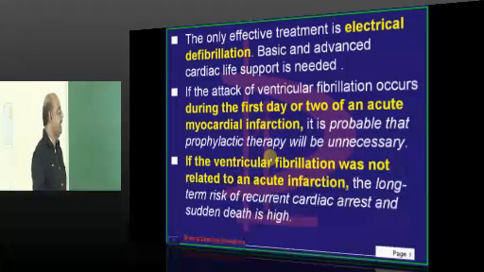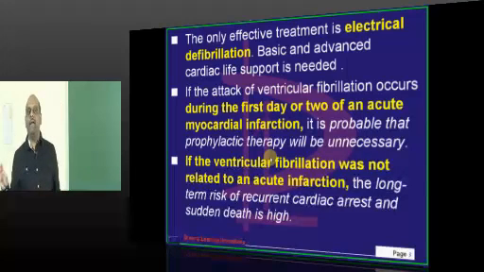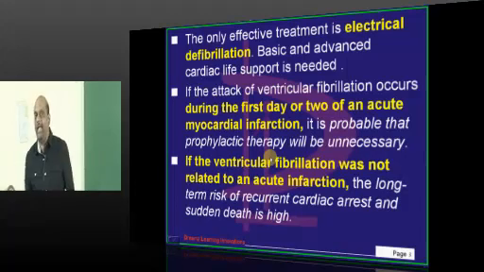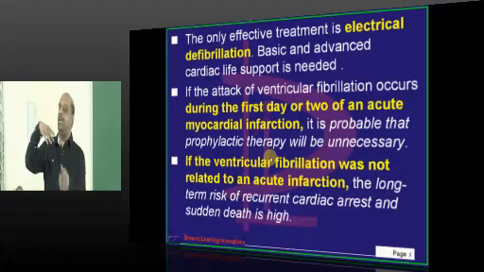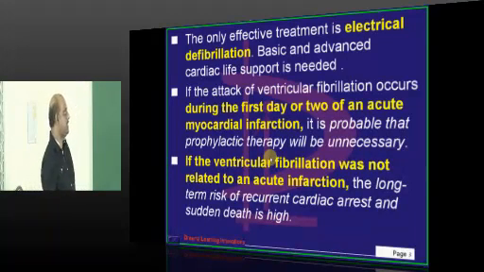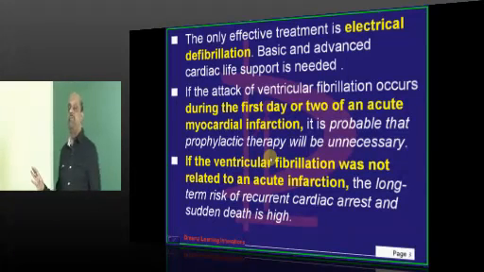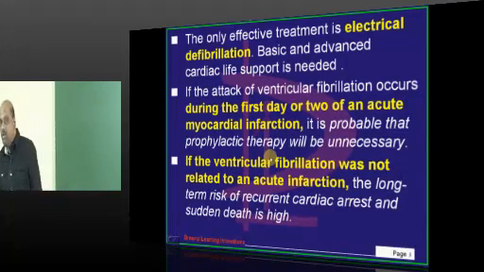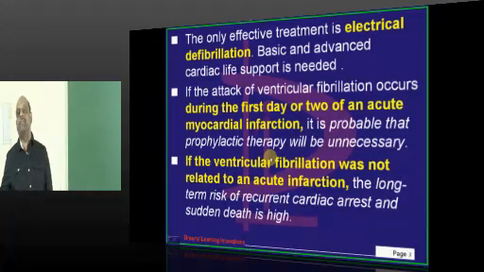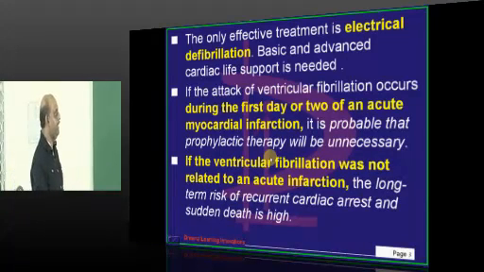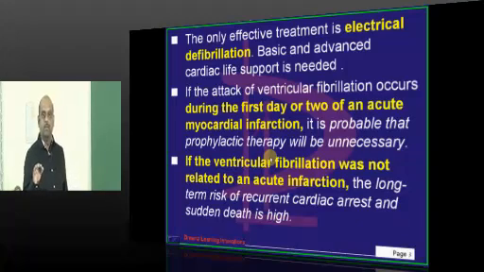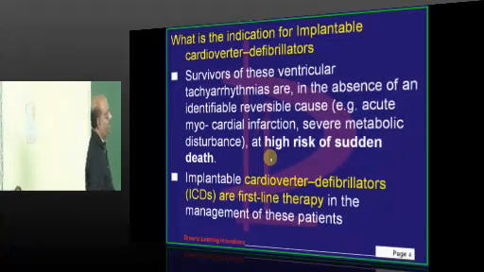No. If the VF happened in the first 1 to 2 days after the MI, he does not need long-term prophylaxis. And if the VF happened without any background of MI, such people require prophylaxis because they are at high risk of developing sudden cardiac death.